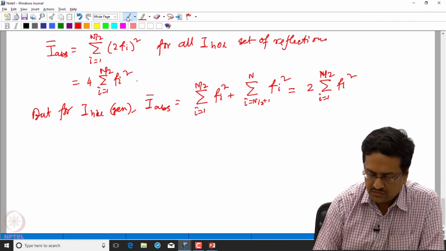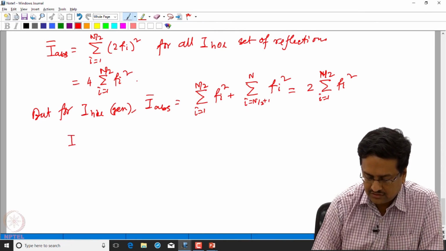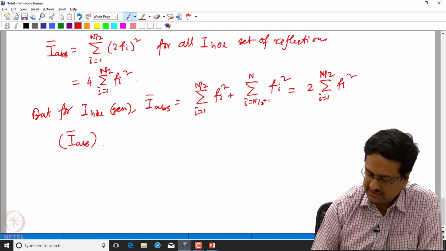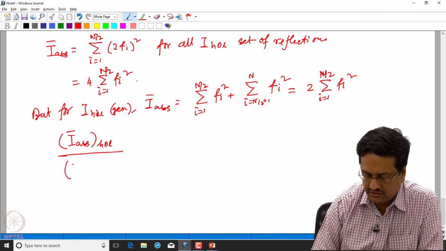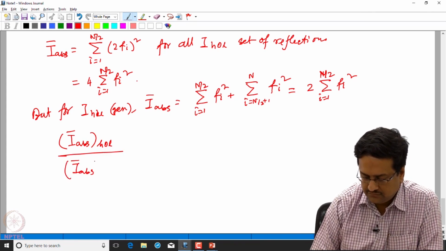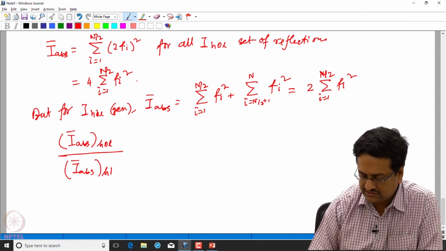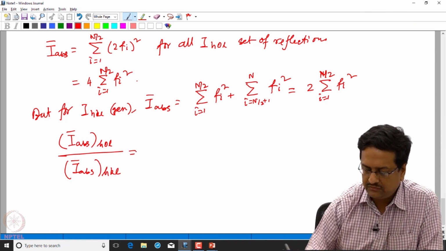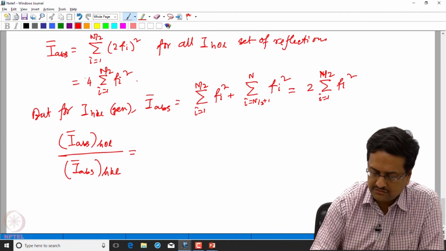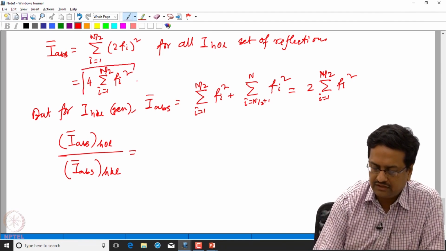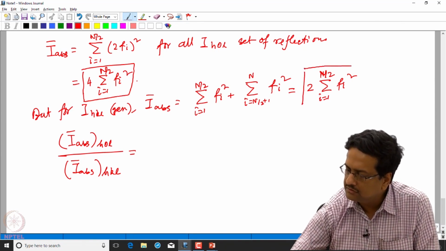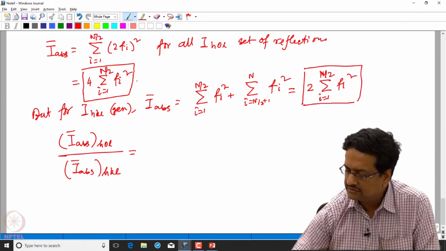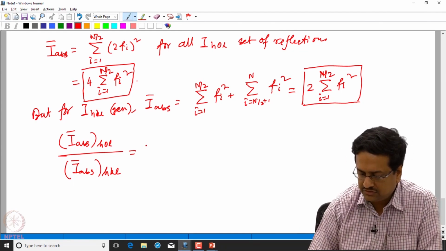So if I now take the ratio of the average I abs for the set of reflections with indices H0L to the I abs for the set of general reflections HKL, what we get is this quantity divided by the quantity here. So the number comes out to be just 2.